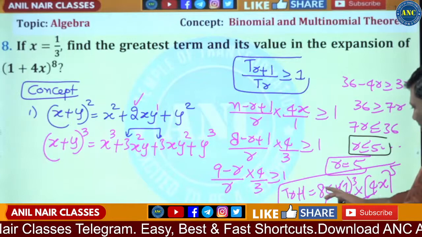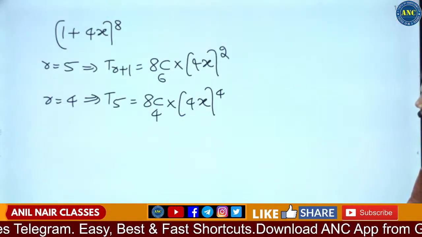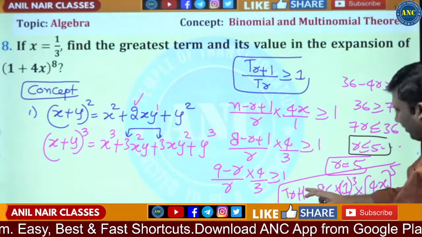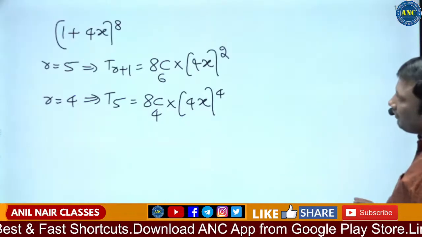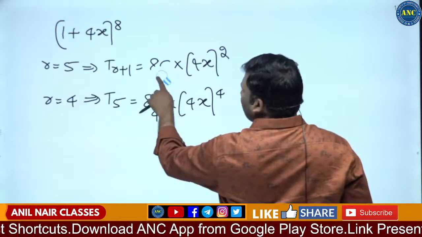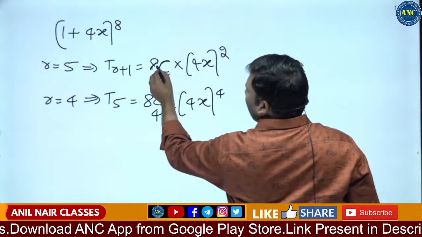R value 5 means 8C5 into (4x) power 5. Here it is 5, 8C5.